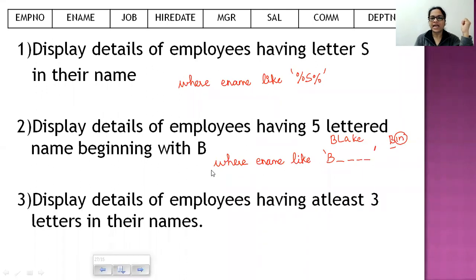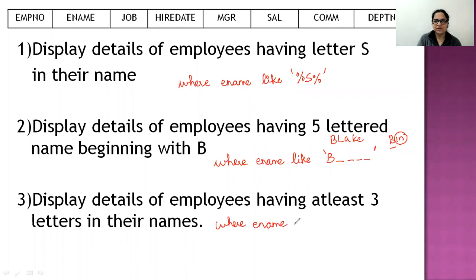Details of employees having at least 3 letters in their name. So details of employees, so select star from EMP. What's the condition going to be? Where ename like, and remember with like, we're always writing a pattern, and the pattern has to be in quotes. Single or double quotes doesn't matter. 3 letters.